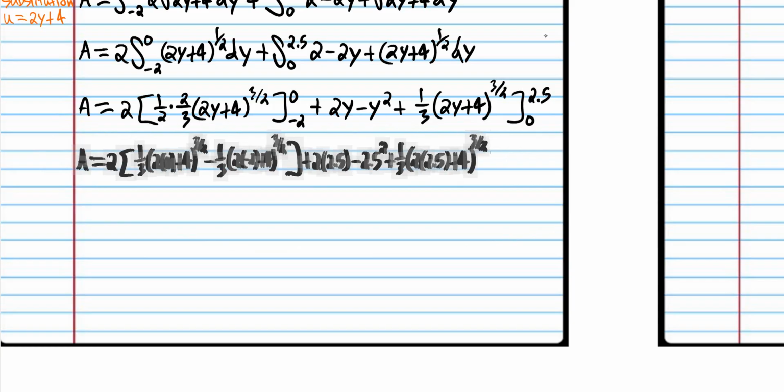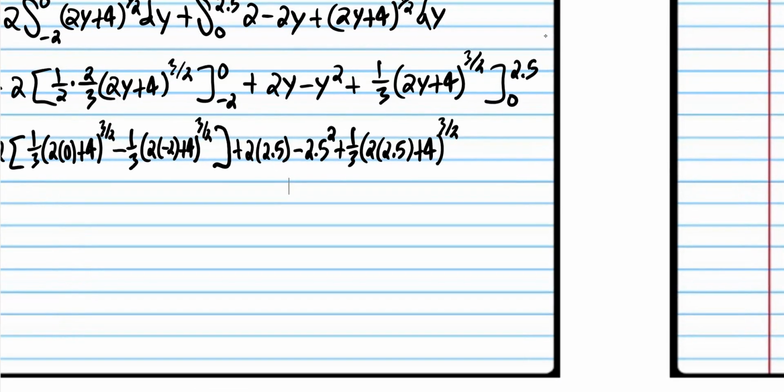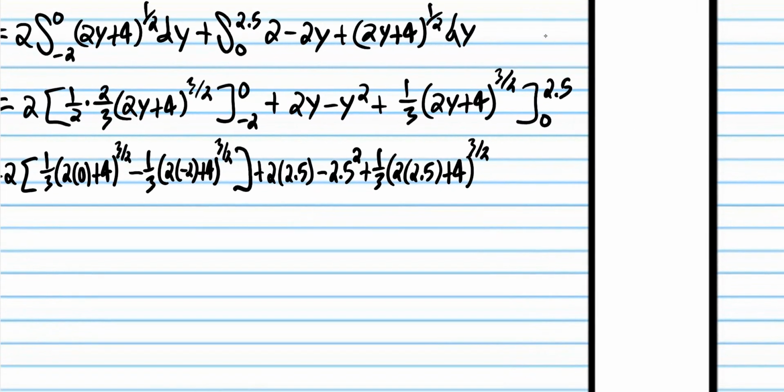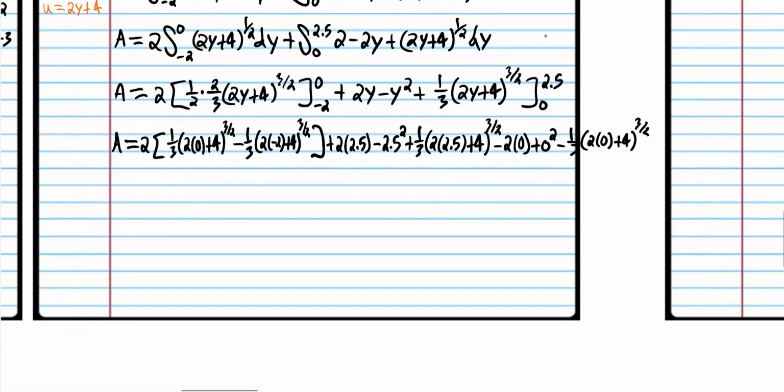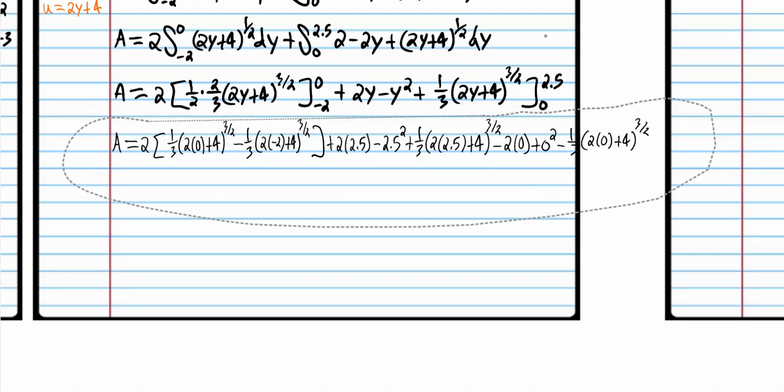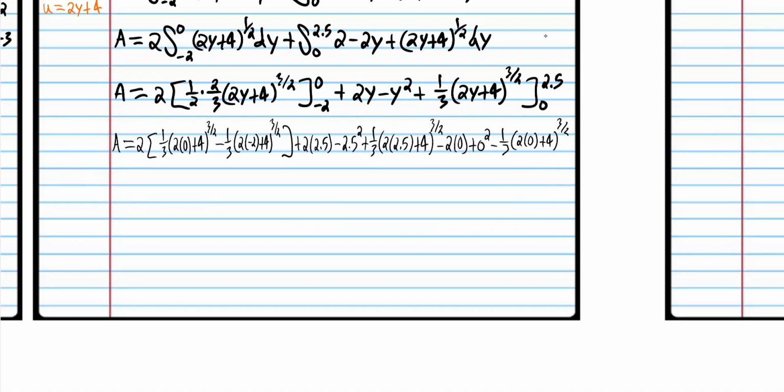So you can do this as fast as you want. You don't have to show every step, like I said. We have minus 2 times 0 plus 0 squared minus 1/3 times 2 times 0 plus 4 to the 3/2. So I think I may have to make this a thinner pen so I can fit this on the page. Hopefully you can still see that.